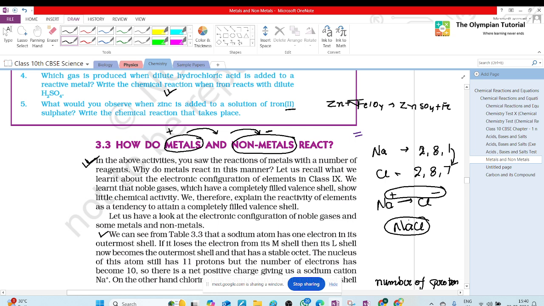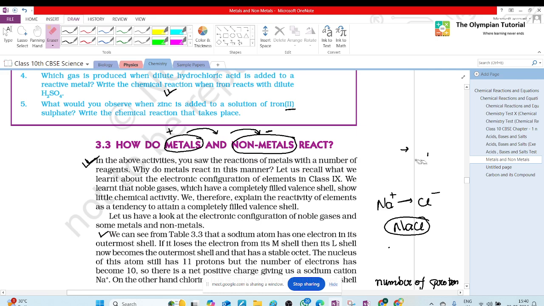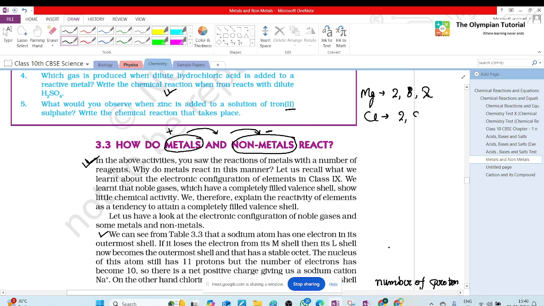Next, MgO. Magnesium, can you tell me the atomic number of magnesium? 12, and it is 2, 8, 2. It will give 2 electrons. And chlorine is 2, 8, 7. Magnesium gives 2 electrons, but chlorine needs only 1 electron.